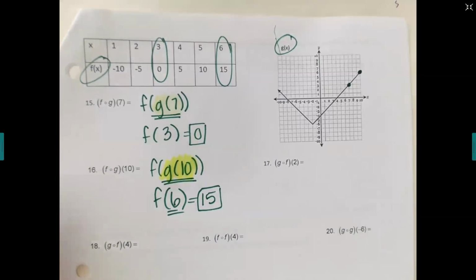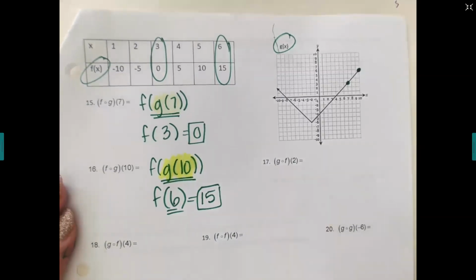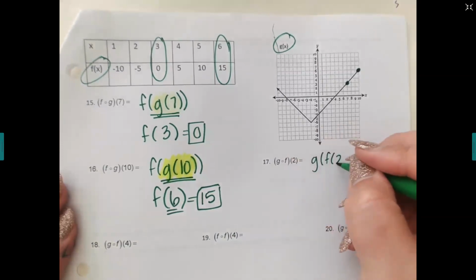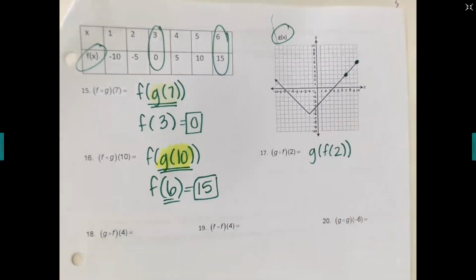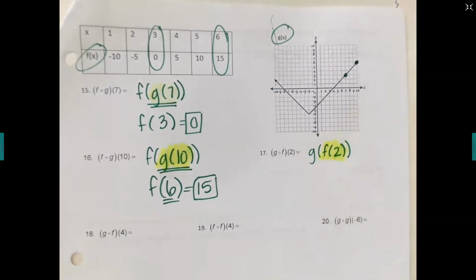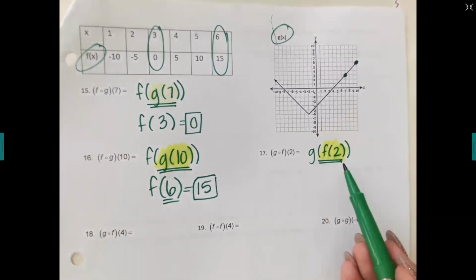Take a look at the next one. Notice that your order is reversed. This time G is going to come first, then F. But remember that the way you write it is not the way you evaluate it. You work inside out. So I'm going to find F of 2 first, then take that result and plug it into G. F of 2 is my chart.